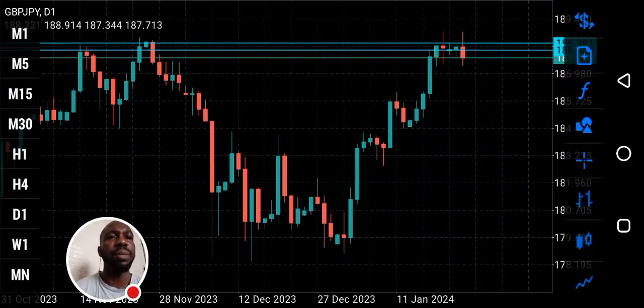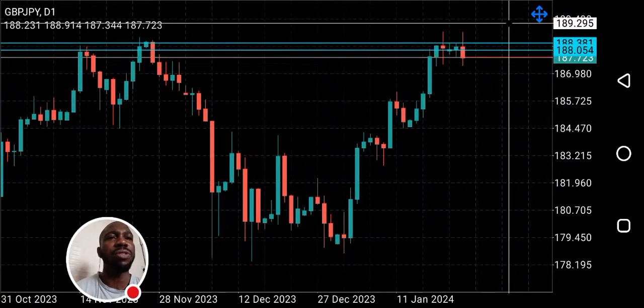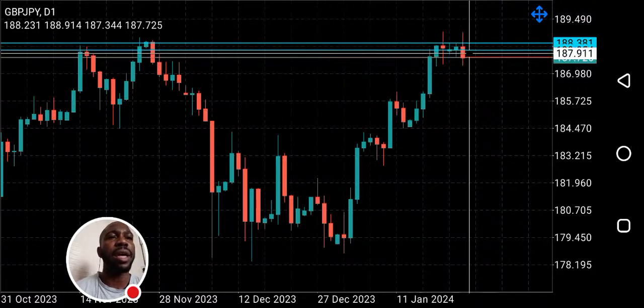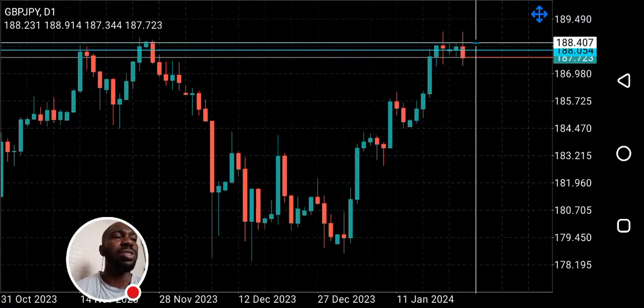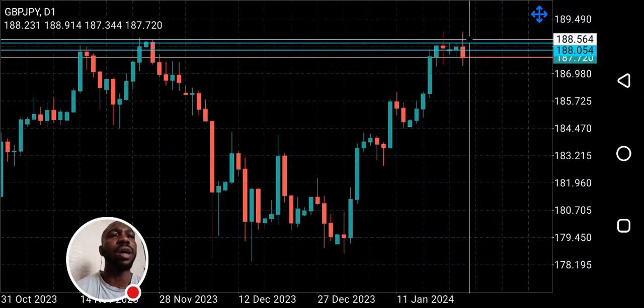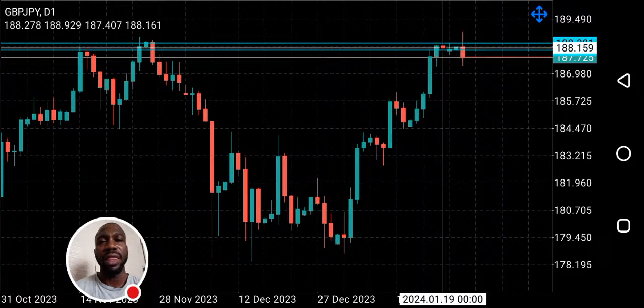You would only consider buying GBP JPY if this resistance is broken. That is, a 4-hour candle or 1-hour candle must close above this resistance zone. That is when you would consider buying GBP JPY.